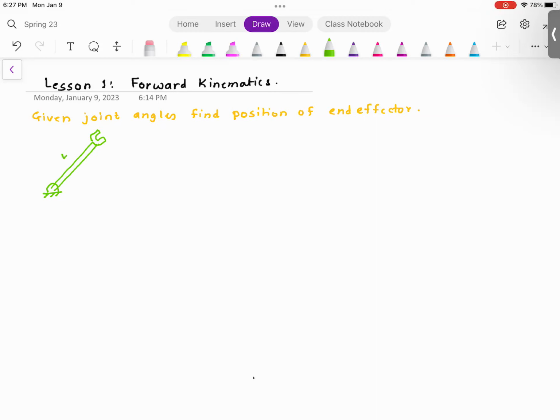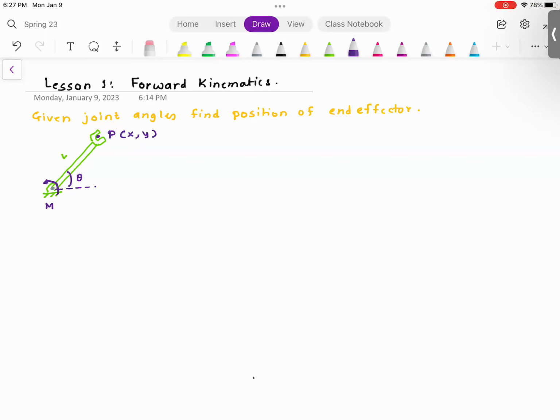This length is fixed, and here, as I discussed, there is a motor. So this is the motor. So forward kinematics means given this angle theta, find the position of the end effector.